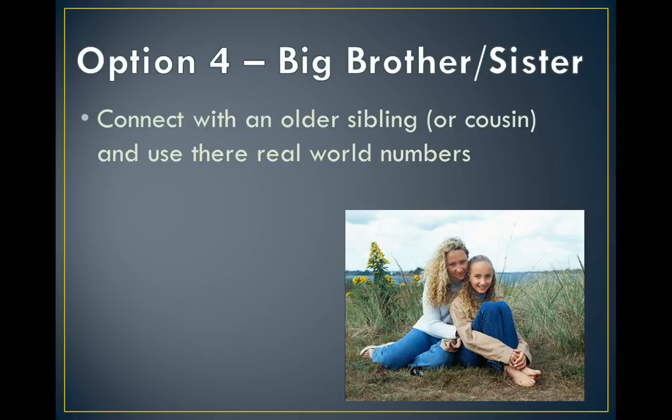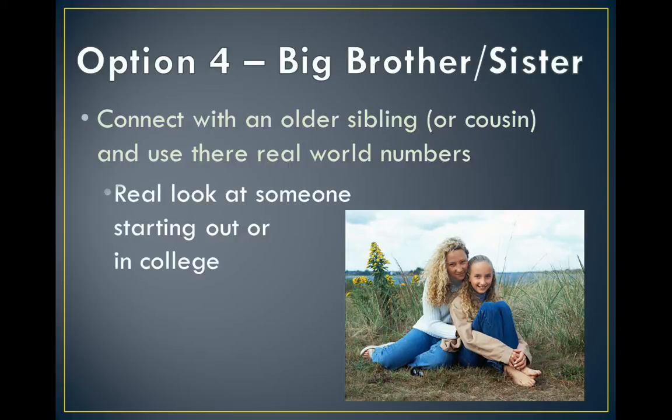This would also give you a better idea of what it will be like in 3-4 years for you, or 2-3 years, whatever, how close you are to being an independent individual in society. Look at their numbers. Get their real outflow and inflow of money, looking at someone really out in the world and in college.